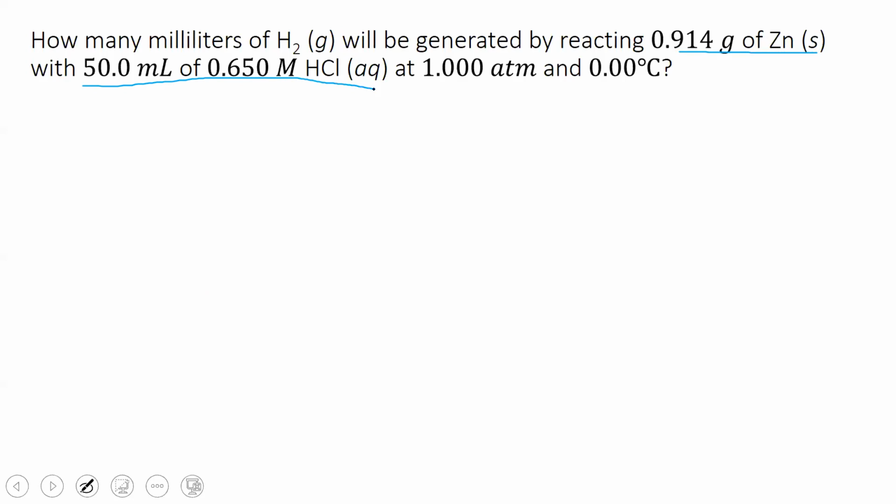In this particular chemical reaction, we have zinc solid plus HCl aqueous reacting to form H2 gas, and the other product here is going to be zinc chloride.